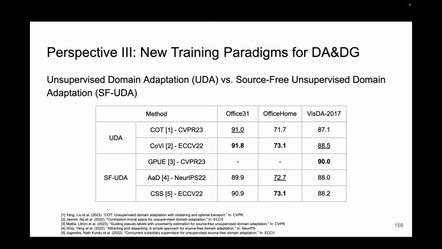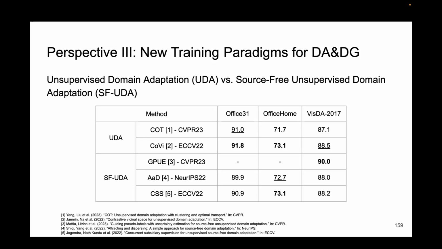So from there, we compare UDA and SFUDA from the literature that has reported the numbers. One significant observation we have is that across different canonical domain adaptation and domain generalization datasets, such as Office-31 and Office-Home, as well as VisDA 2017, the UDA methods and the SFUDA methods are gradually at the same level.